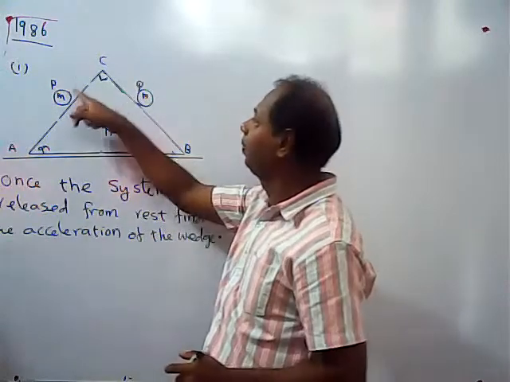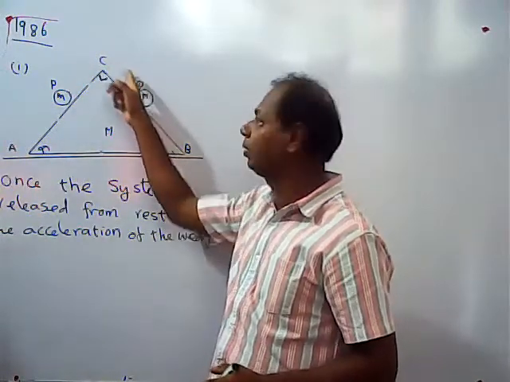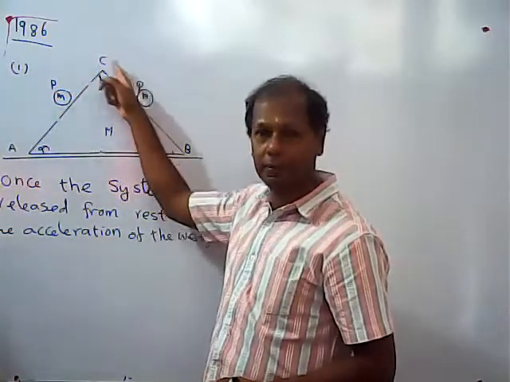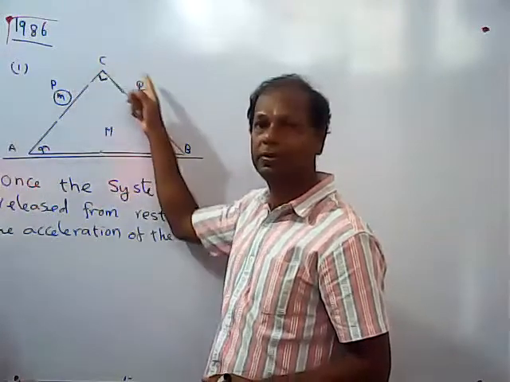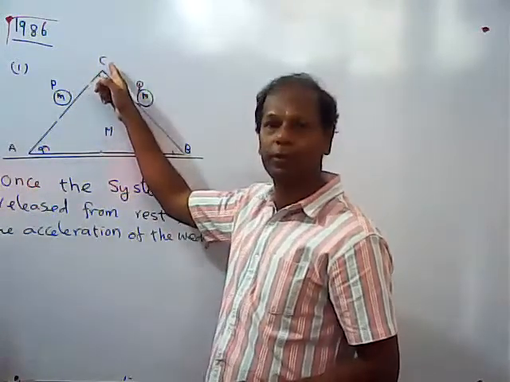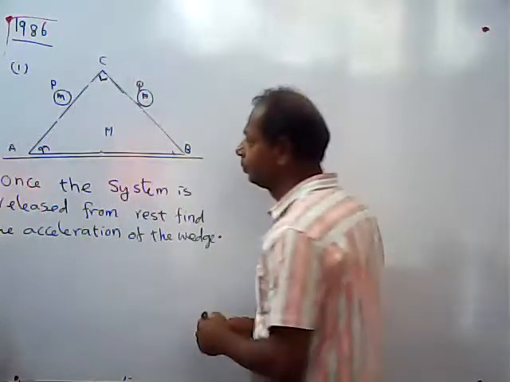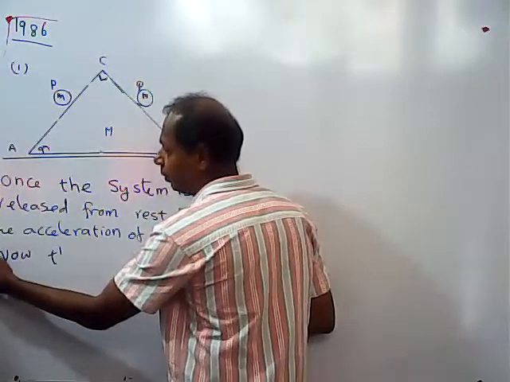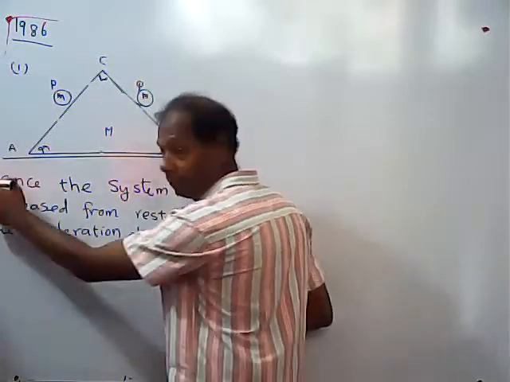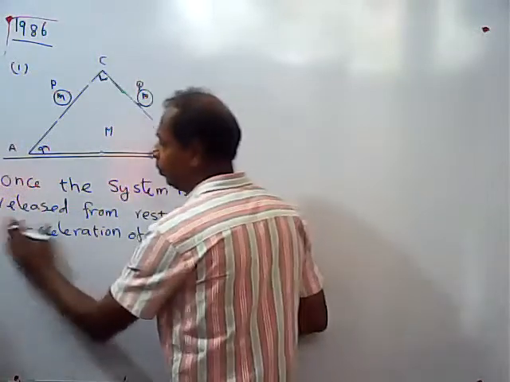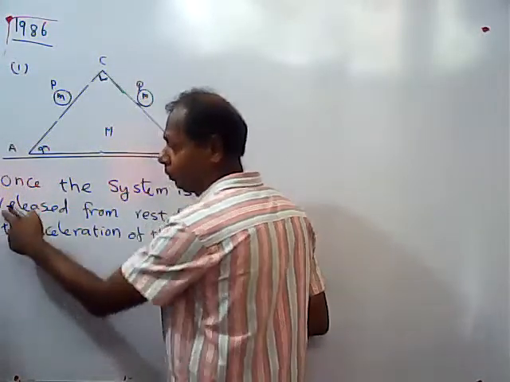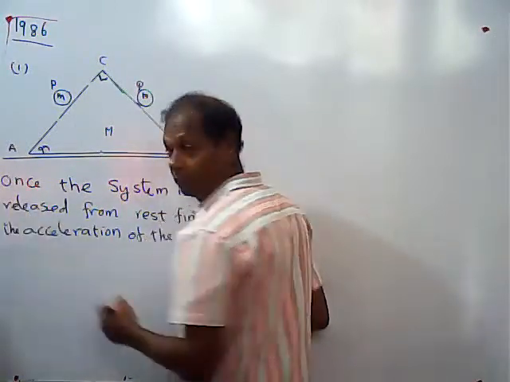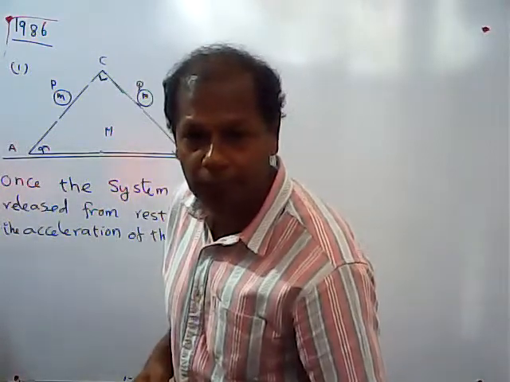And the second part, they say the particles are connected by a light inextensible string which runs over a smooth pulley at C, right? Second part.